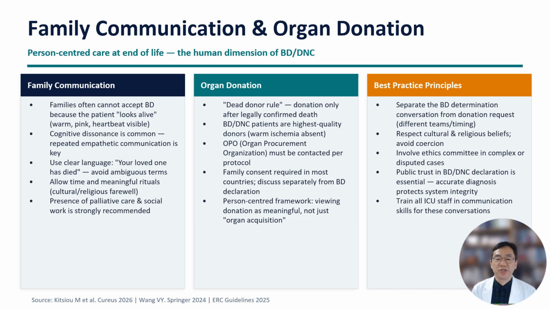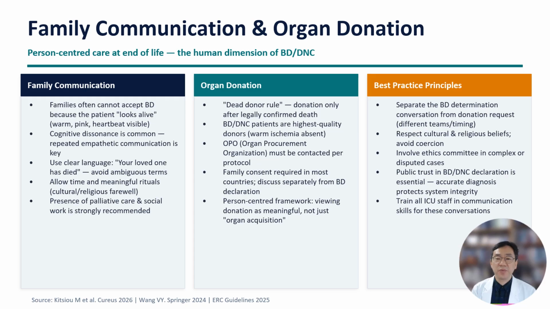On organ donation, the dead donor rule means we can only procure the organs after legal death is confirmed. Brain death patients are actually the highest quality donors because there's no warm ischemia. The OPO, organ procurement organization, must be contacted per protocol. And here's a really important practice principle. Separate the brain death conversation from the organ donation conversation.